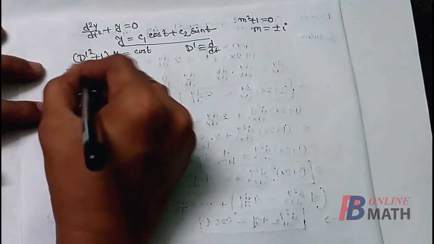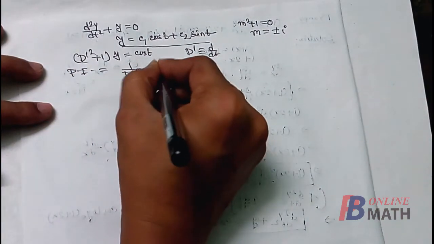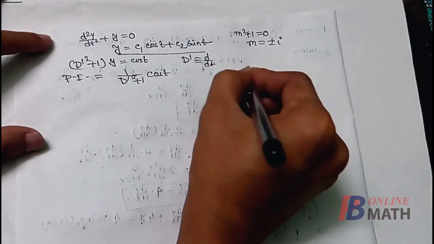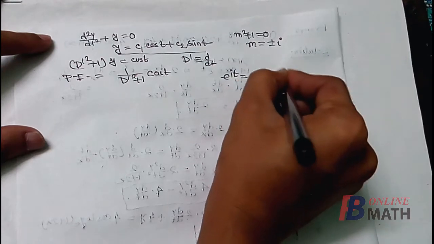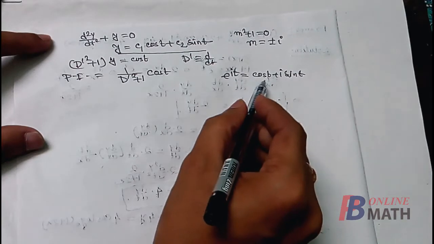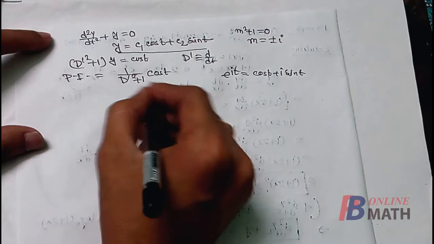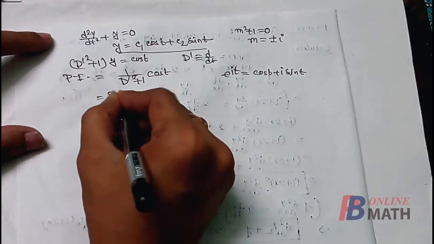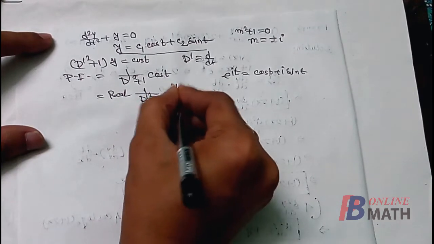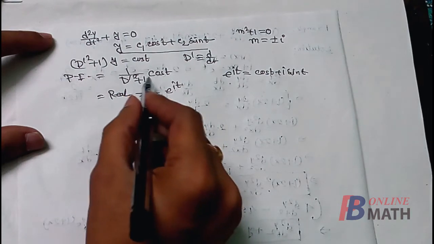So the PI should be 1 by (D'² + 1) into cos t, and we know that e^(it) is equal to cos t plus i sin t. So cos t is nothing but the real part of e^(it). So instead of computing this one, we can find the real part of 1 by (D'² + 1) e^(it). So the real part of this one should be this particular integral.